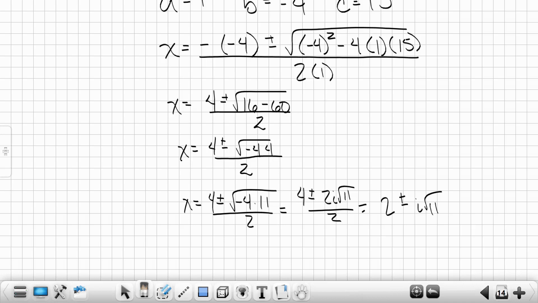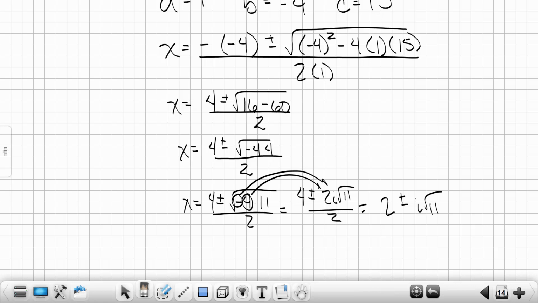Yes, Victoria. This to here? Okay. So the negative here is what turns into the i, and the square root of 4 is 2.